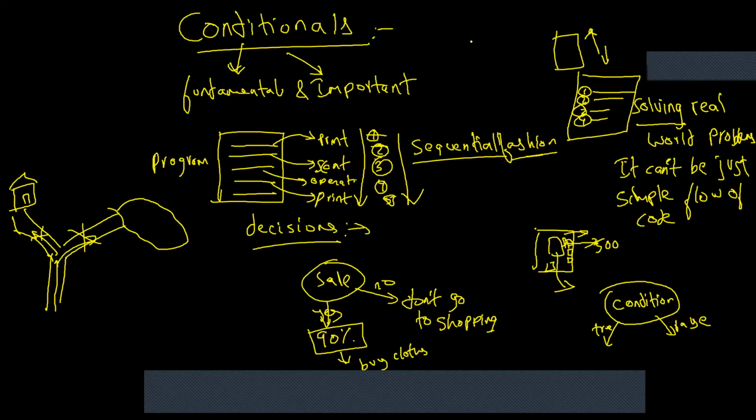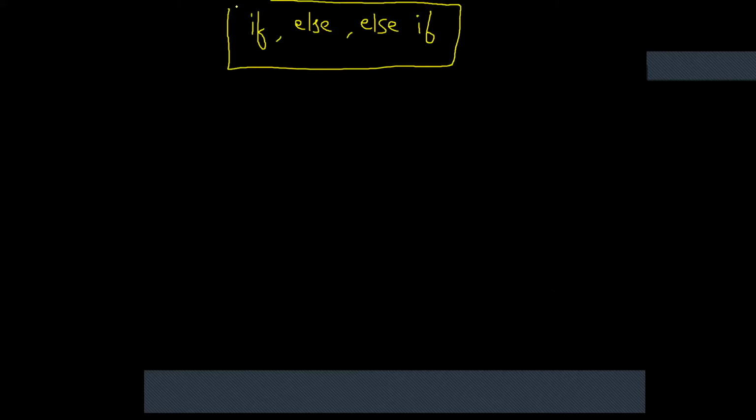There are three conditional keywords I'll be introducing: one is if, the other one is else, and the other one is else if. We'll visit them one by one. Don't worry, one after the other.